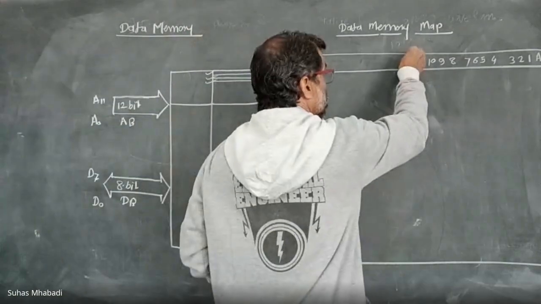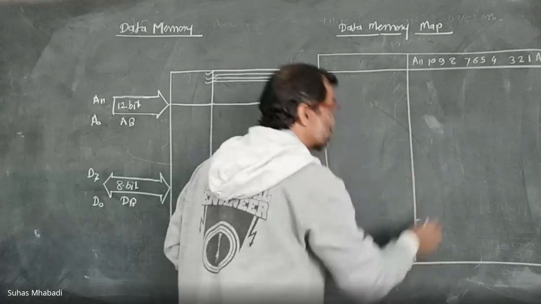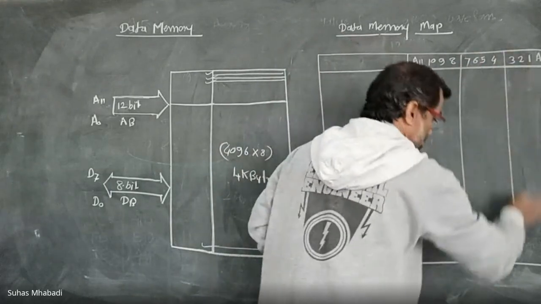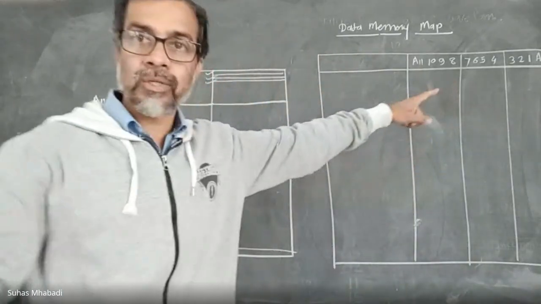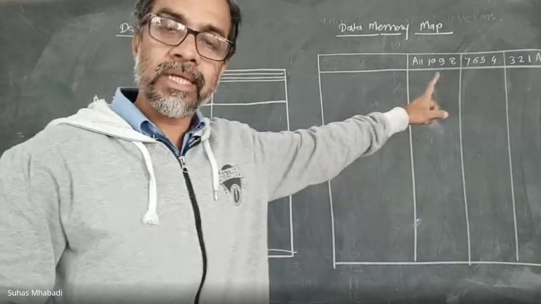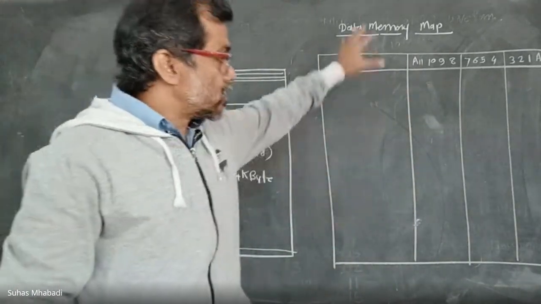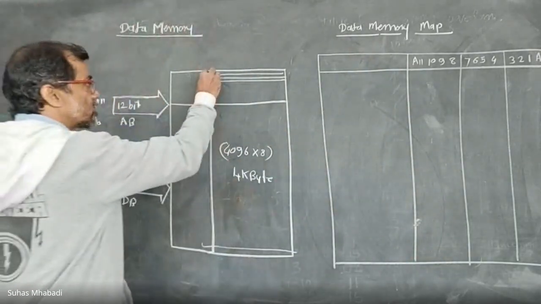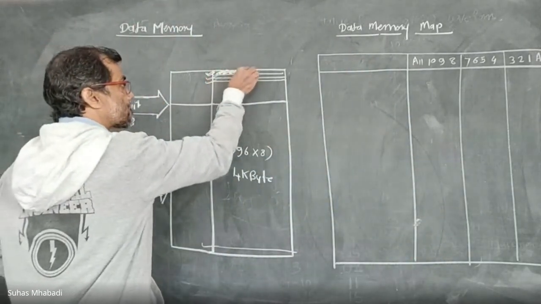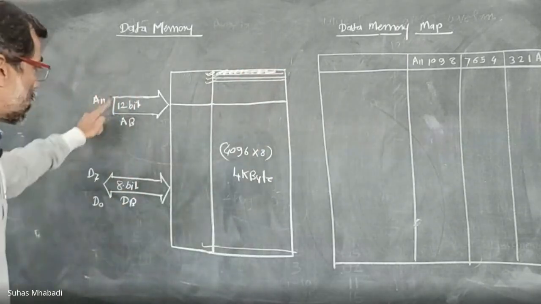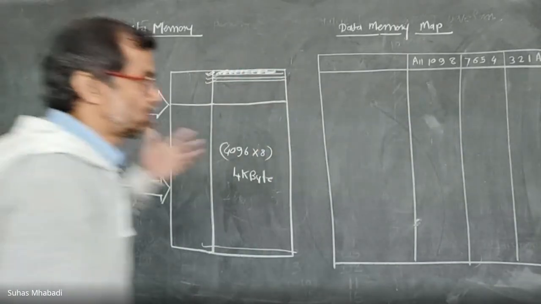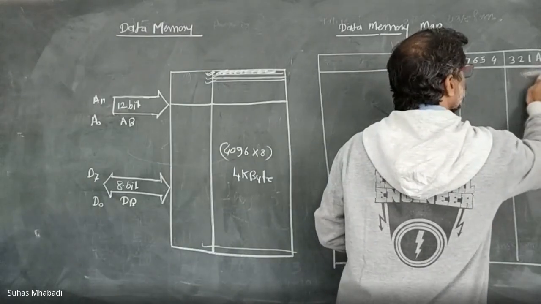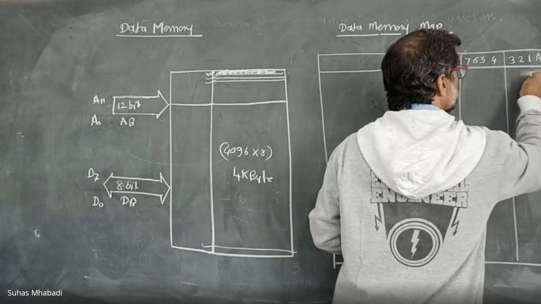So this is the total address bus, starting from A0 up to A11. Obviously, the address of the first register is nothing but all the 12 lines 0, like this: 0, 0, 0, write clearly, 0, 0, 0, 0.